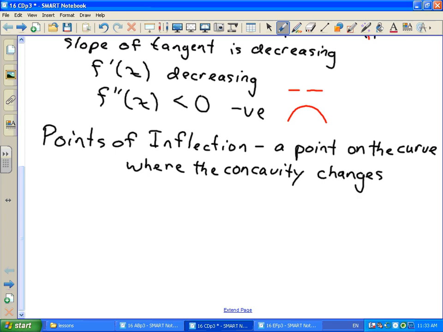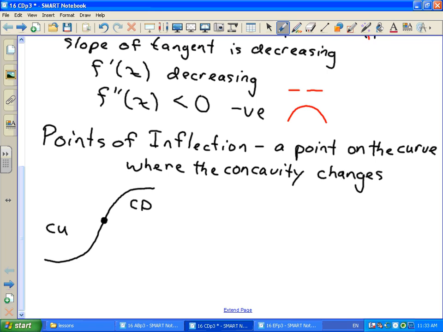So what do they look like? We can have a curve that is concave up and then switches to concave down. Okay? So this is, I'll just say CU for concave up, CD for concave down. Or we could have the opposite. We can have a curve that is concave down. Let's see. Oh, wait.